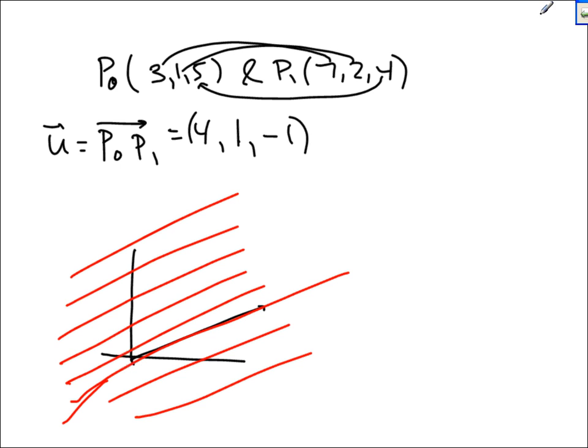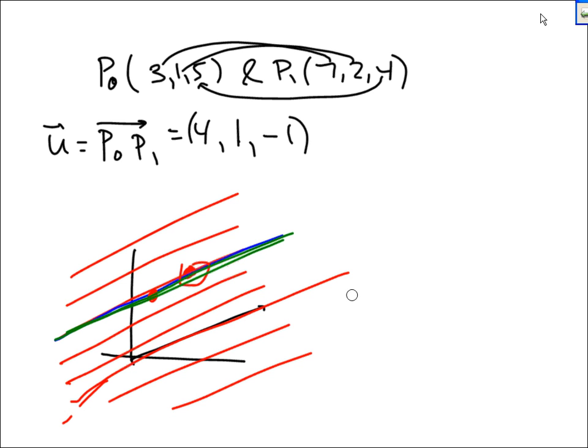Now, if I know that it contains that point, well then I have it. I got it. It must be this line. If it contained not that red point, but this red point, well then I still have it. It's going to be the same line that I just drew in blue, which is now drawn in green. It'll be that line. Okay.